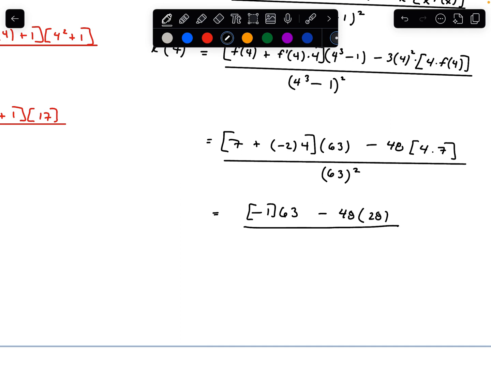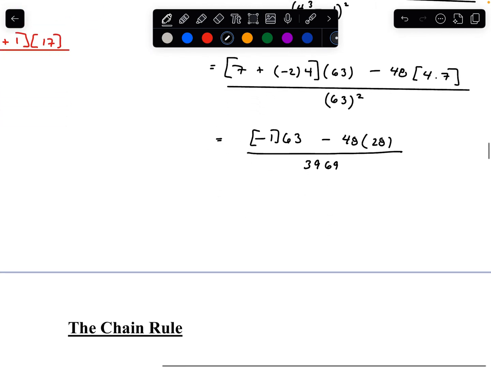And I spotted that mistake because I knew the quotient rule has g squared on the bottom. Put that in your calculator. And ask your calculator if that reduces. And it does.